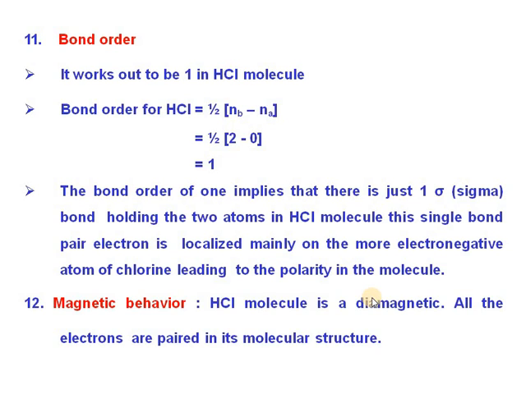But it is observed that from the hydrogen chloride molecule to carbon monoxide, the bond order increases and the bond length decreases, and it is expected that the bond energy and stability increase.